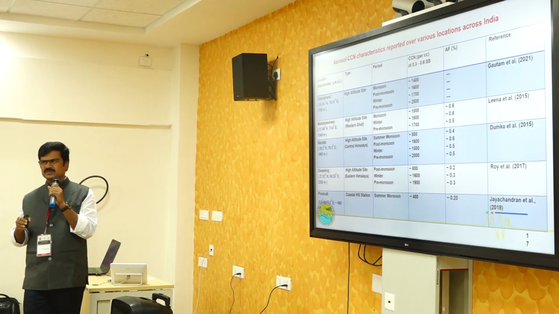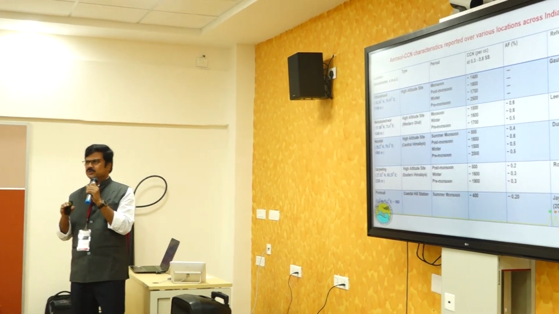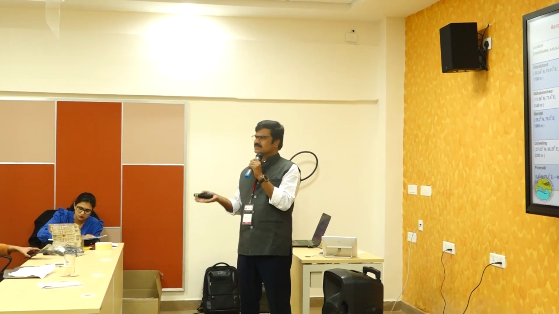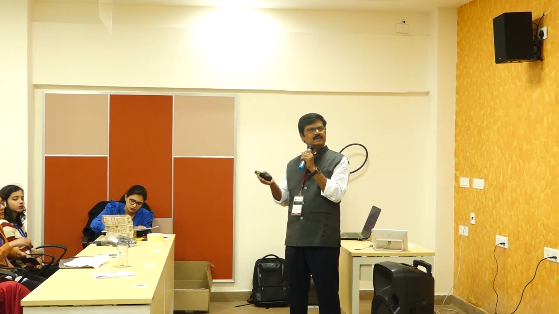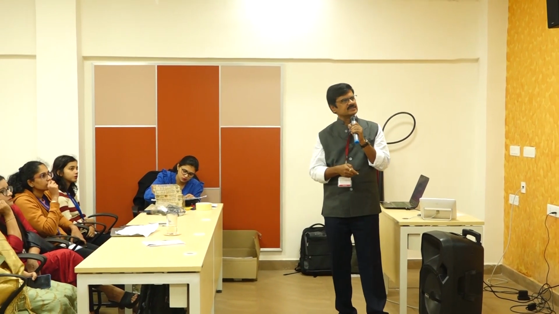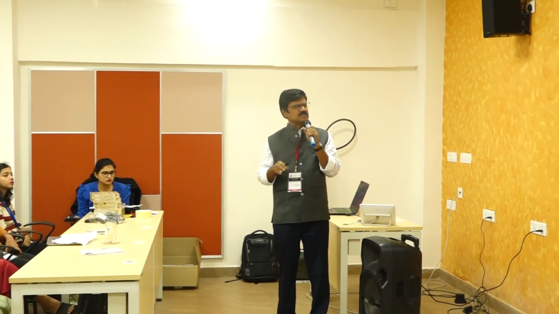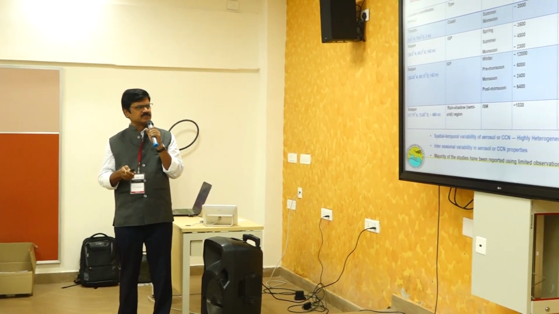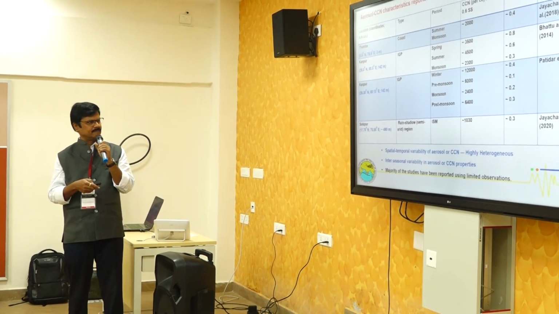Activation fraction is nothing but the ratio of CCN to aerosols. If all aerosols can activate as CCN, then the activation fraction is 1. If it is 0.5, it means 50% of the aerosols get activated as CCN. And there are different measurements going on over the Indian region, which show how CCN varies spatially and temporally.